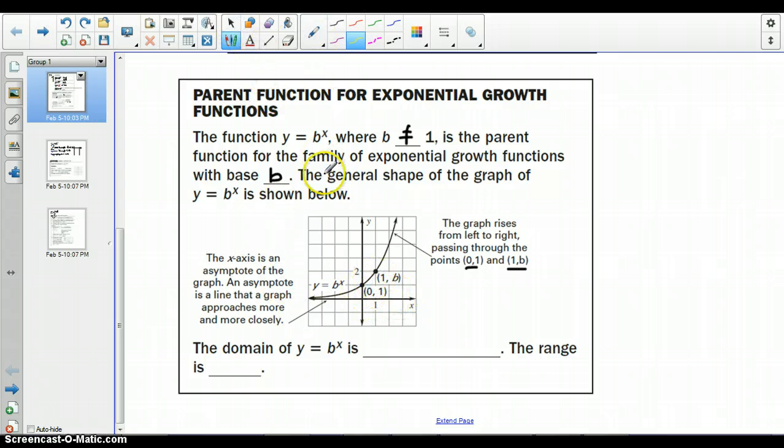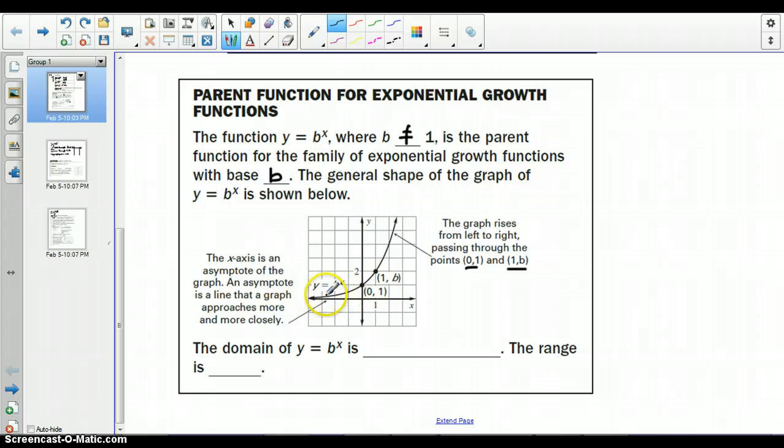The domain of y equals b to the x, we have to find that, and we also have to say what the range is. Before we can actually say what the domain and the range of this specific function is, we have to remember what the domain and the range mean. So the domain is all the x values where the graph is real, where the graph gives you a real value. What x values can you plug into this function and pop out a correct y value?